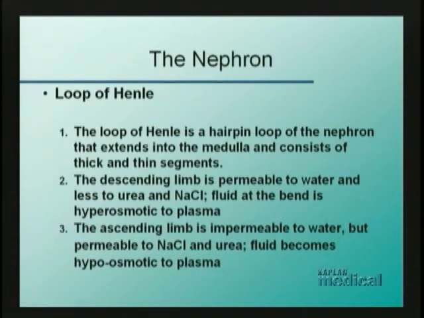The descending limb is permeable to water and less so to urea and sodium chloride, such that the fluid at the bend of the loop of Henle, deep in the medulla of the renal column, is hyperosmotic relative to blood plasma. The ascending limb is impermeable to water, but permeable to sodium chloride and urea. So therefore, by the time the fluid reaches the distal tubule, it is now hypoosmotic relative to blood plasma.